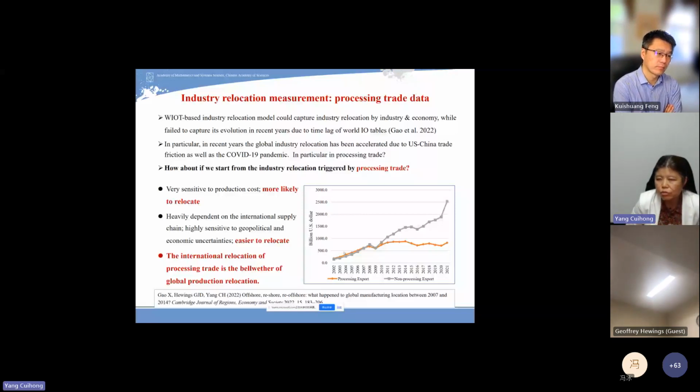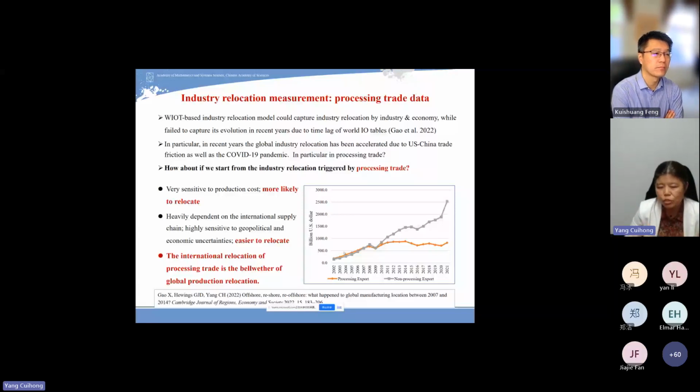In the industrial relocation research, the processing trade is often considered a bellwether of global production relocation due to the above perspectives. It's sensitive to production cost, and sensitive to geopolitical and economic uncertainties in other countries.